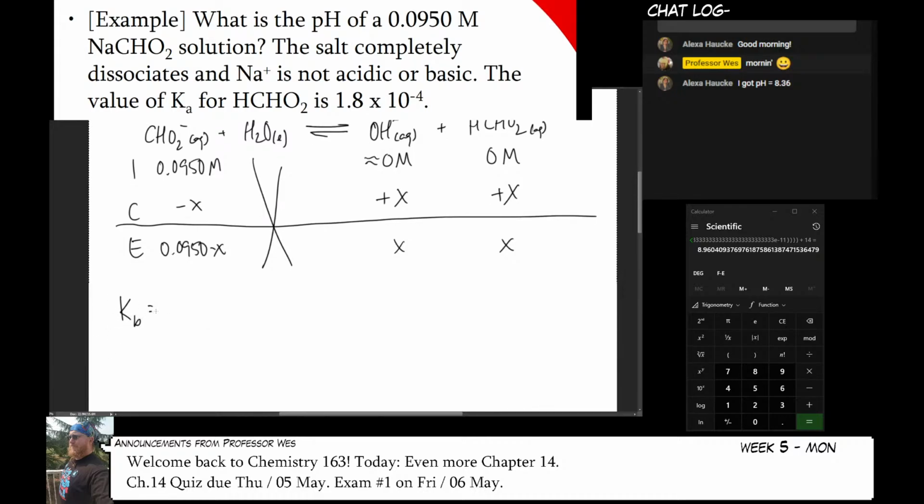So now we can write the equilibrium expression, which would be hydroxide times formic acid, because those are my products, over formate as my reactant: X times X. Something obvious that we've done a bunch of times before. Well, X is small, we'll say.